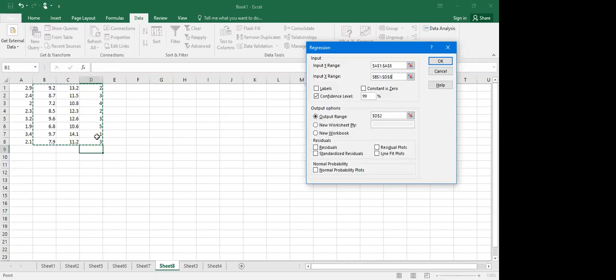That is B1 to D3, to D8, I'm sorry. B1 to D8, have you seen how I did? Yes. So you highlight all of them together. Now we are going to change where the outcome should be. I can put it now on F. And we are good.